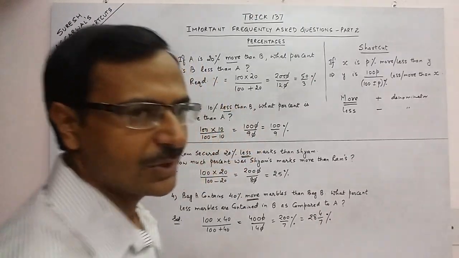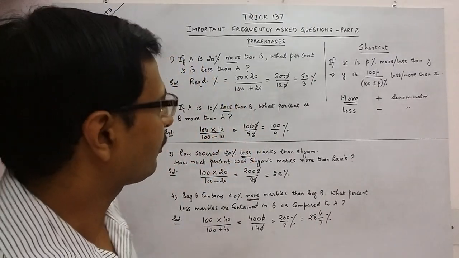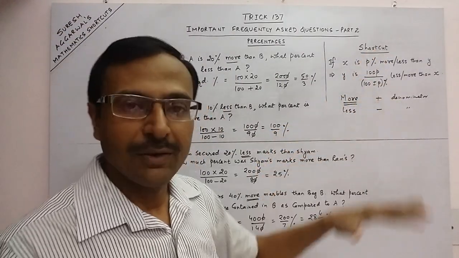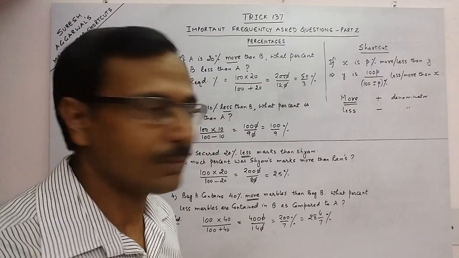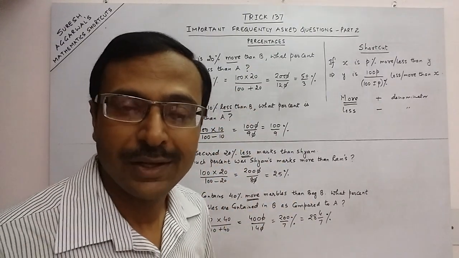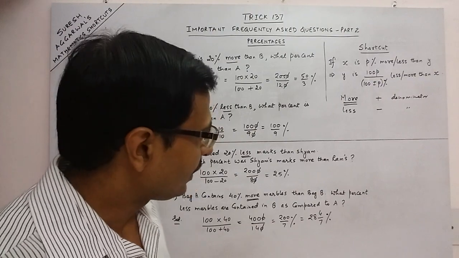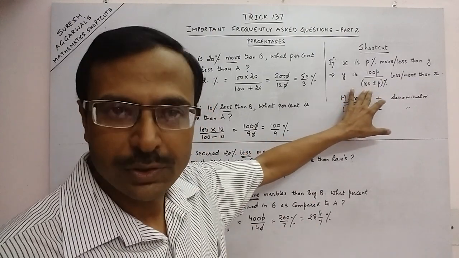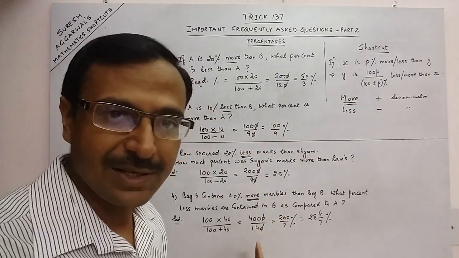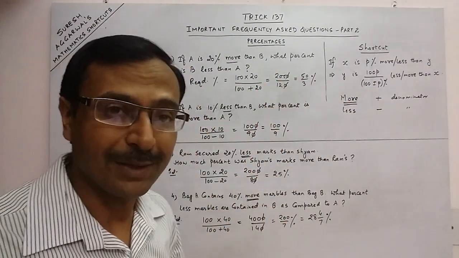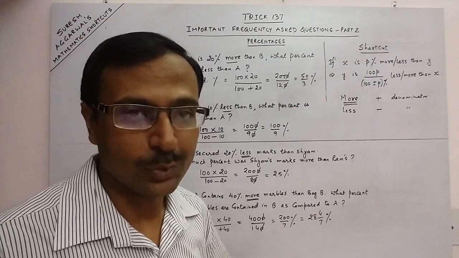So likewise you can solve a number of problems based on this simple shortcut, and when I solve these 4 questions on the board, you will think as if this is very easy, but knowledge of this shortcut has made this problem easy. If you do not know this shortcut, then this will consume a lot of time when you solve it through the traditional method.